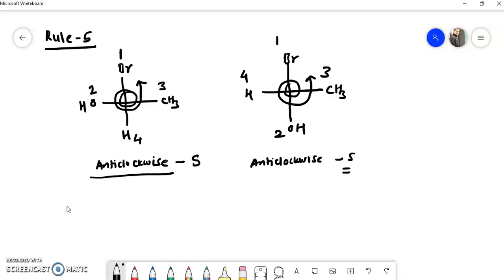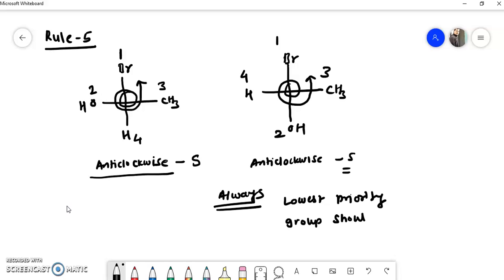Now, what I am talking about is very important. Always remember that the lowest priority group should be on the vertical line, and if it is not on the vertical line, then the configuration changes.